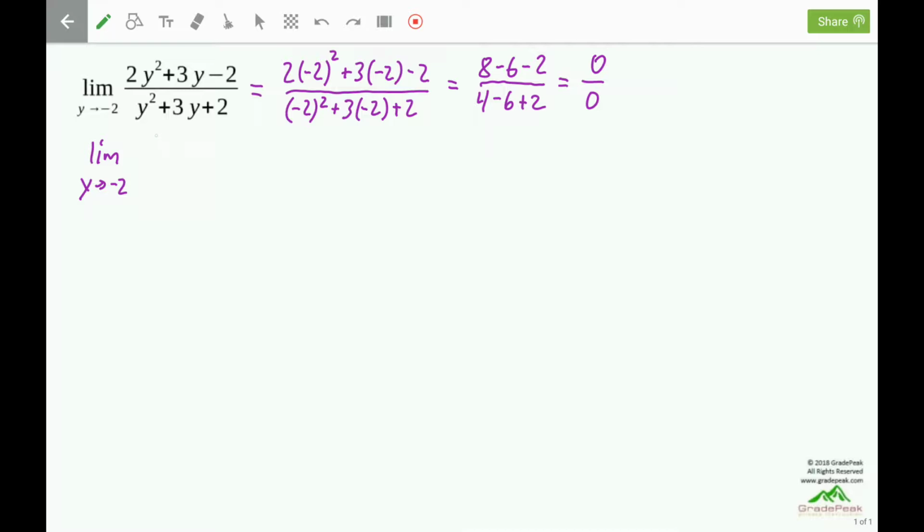The numerator is a trinomial factorization of y. It has a 2y and a y because of the 2y squared. 2 is 2 times 1. We need two numbers that multiply to be a -2 and add to be a 3 when one of them is multiplied by the 2 because of the 2y.